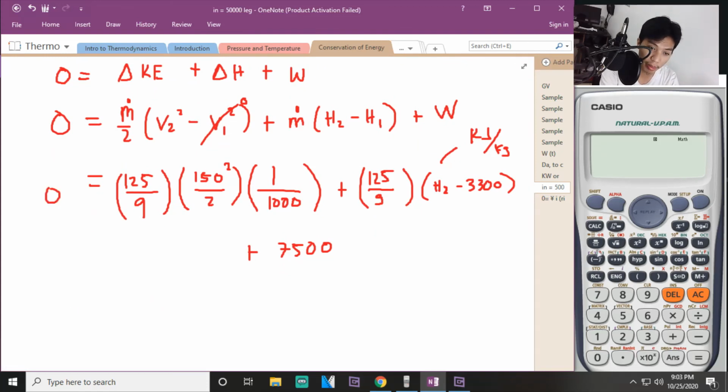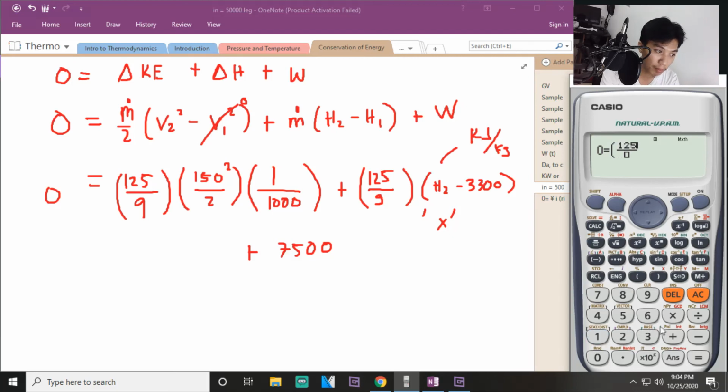So, paano po ang mas madaling gawin dito, sir? Look at the calculator. Ganito. You let this as X, an unknown value. Okay? Calculator technique tayo. So, this will be 0, alpha equal to yung 125 times 150 squared. I-divide natin yan ng 2 times 9 times 1,000. And then, add natin 125 over 9.